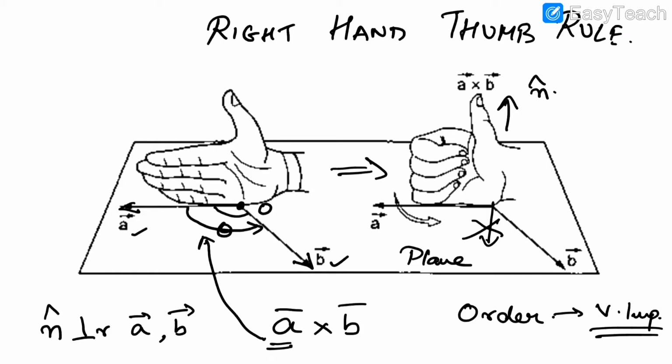I also did this. So when you curl your right hand, all four fingers from the first vector to the second vector, the direction your thumb is pointing is the direction of the final product, the cross product vector, that is A vector cross B vector, or the unit vector along that direction, that is n vector. Remember that.